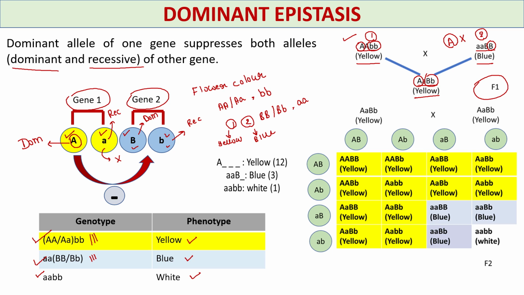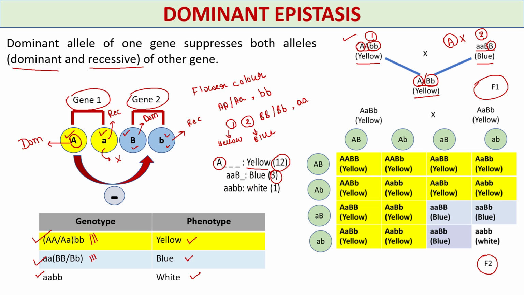If F1 generation offspring are self-crossed, there will be an interesting outcome in the F2 generation. 12 flowers out of 16 are yellow. If one capital A allele is present, the flower will be yellow, no matter what the other alleles are.